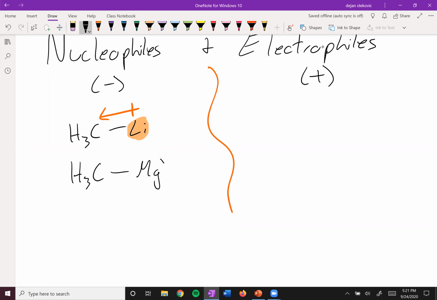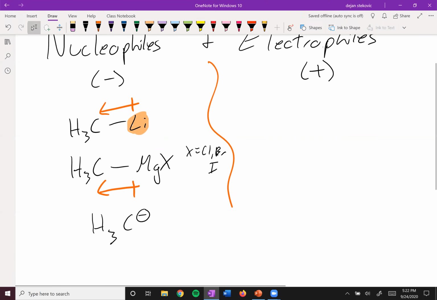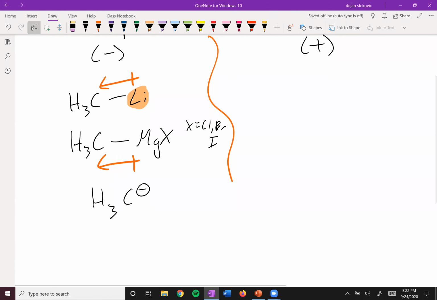And then we'll see MgX, where X is equal to chlorine, bromine, or iodine. These are called Grignard reagents, and they'll be very important in synthesis later on as well. Or we can have a full-on carbon negatively charged, right? A carbanion.